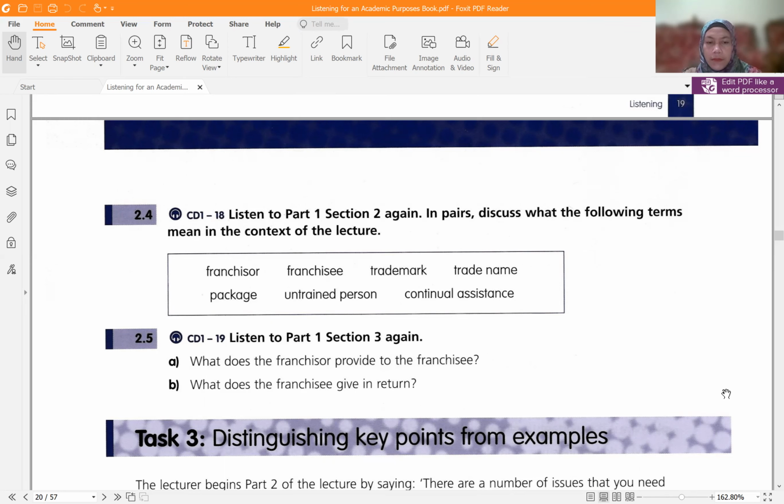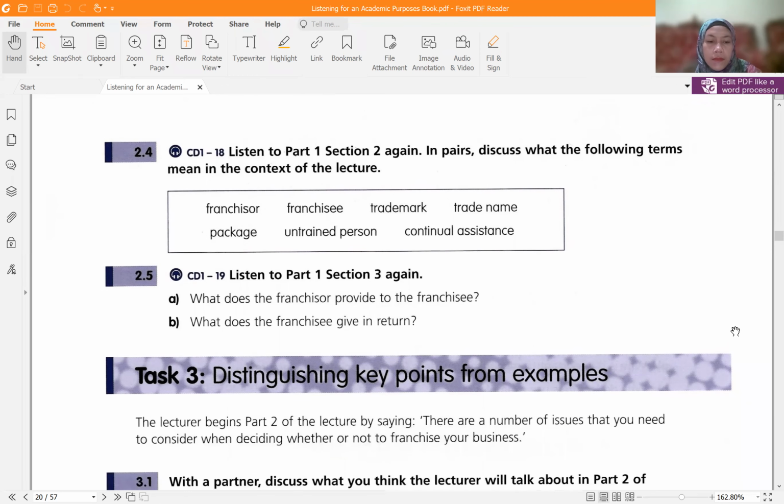Well, here is a definition from the British Franchising Association website, and it says, business format franchising is the granting of a license by one person, the franchisor, to another, the franchisee, which entitles the franchisee to trade under the trademark, trade name of the franchisor and to make use of an entire package comprising all the elements necessary to establish a previously untrained person in the business and to run it with continual assistance on a predetermined basis.